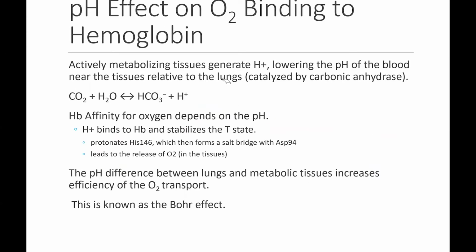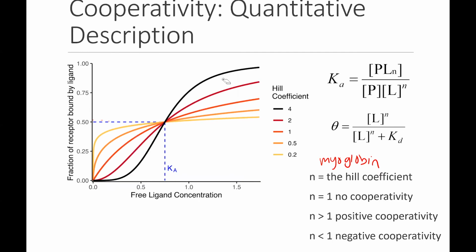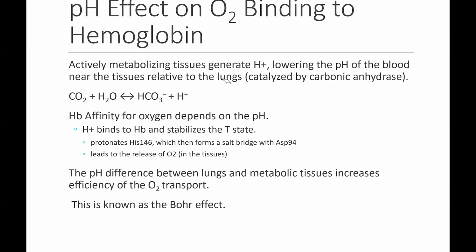Now, we talked about how cooperativity is going to affect this Hill coefficient and the Hill plot here, which is comparing the amount of ligand to the fraction of bound protein. For hemoglobin specifically, another thing that does affect its ability to bind, its association constant or dissociation constant, is the pH.